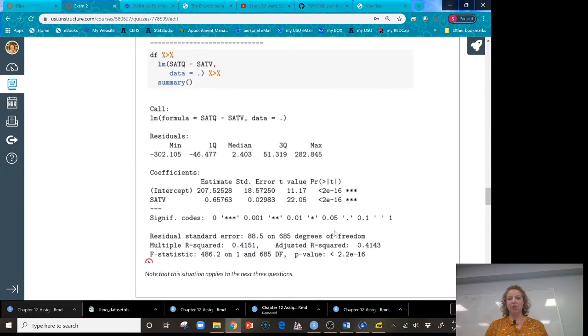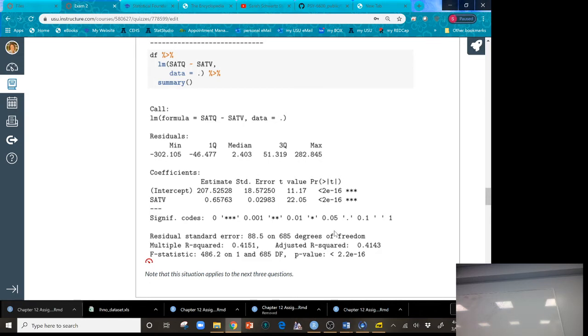Okay. What does the regression tell us? We've got verbal and quantitative SAT scores. They're significantly positively correlated. Here's our multiple R squared. Here's our slope. Our slope is significant.